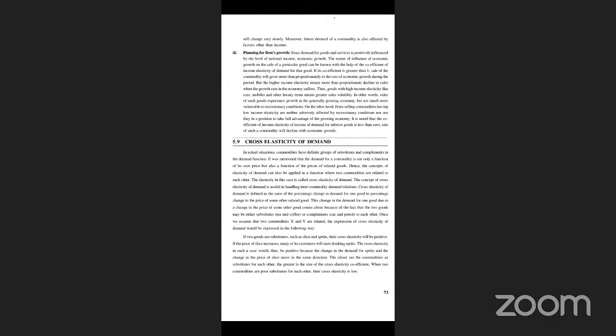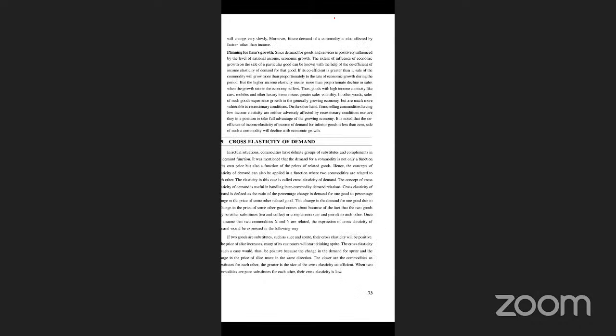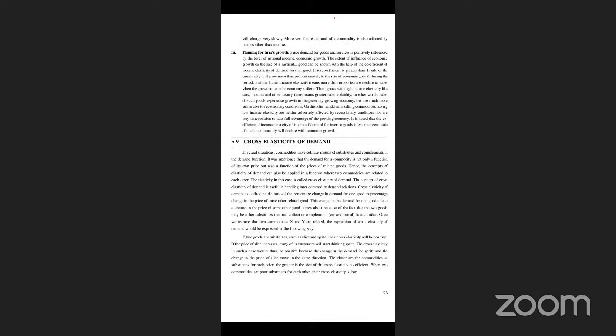Next, let's move on to cross elasticity of demand. As the name indicates, it involves two products or commodities which are related to each other. It is a situation where a product has a set of alternatives, substitutes and complements, in the market.